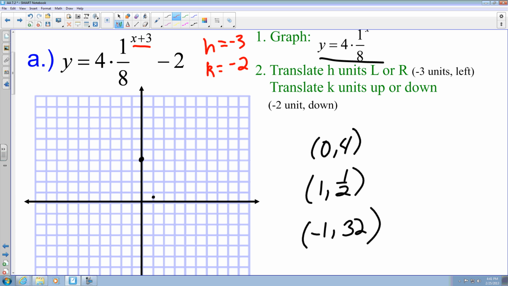So that means I'm going to move to the left 3 units and then down 2. So I'm going to go 1, 2, 3, 1, 2. This is my new plotted point here, and I'm going to go 1, 2, 3, 1, 2. And that's the next one.